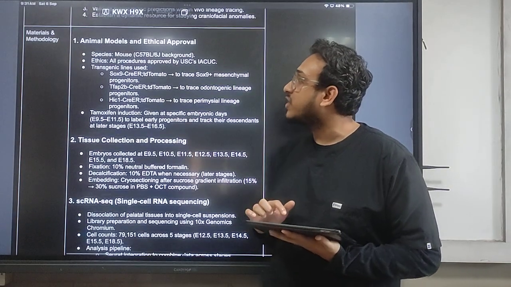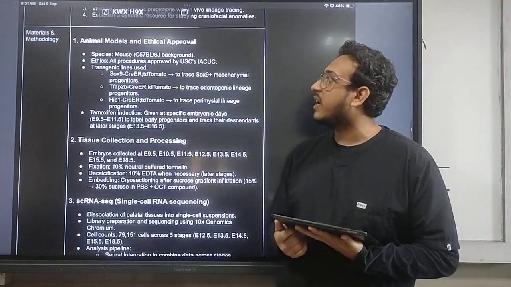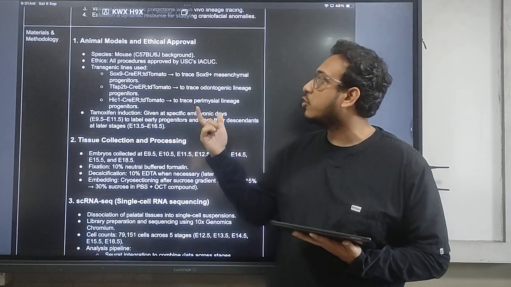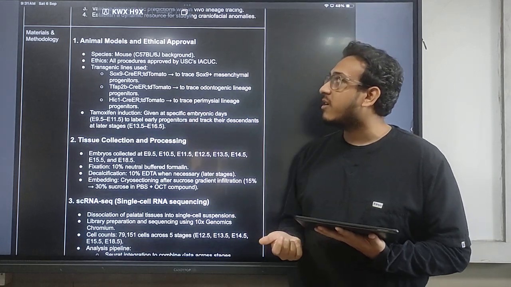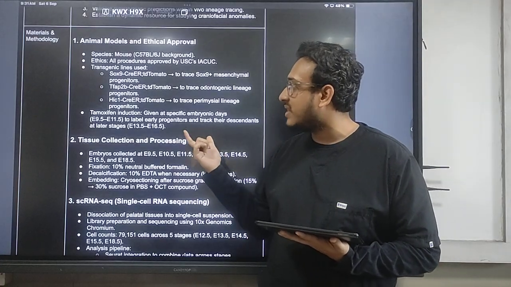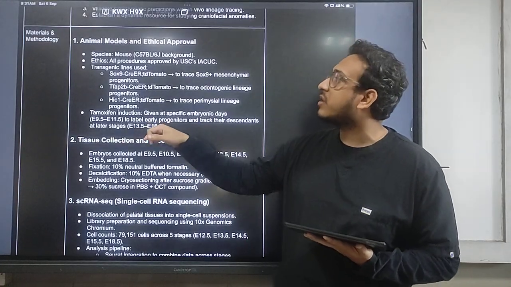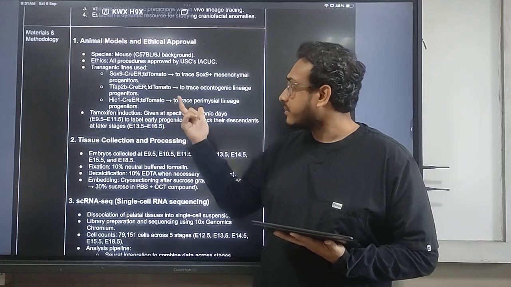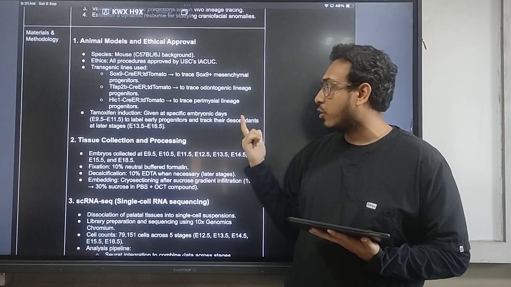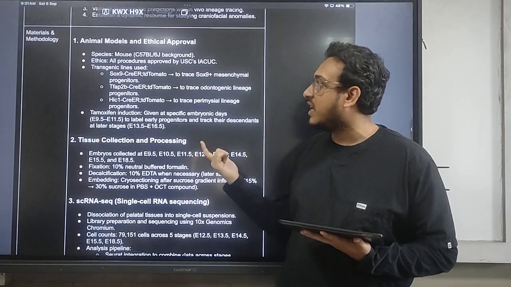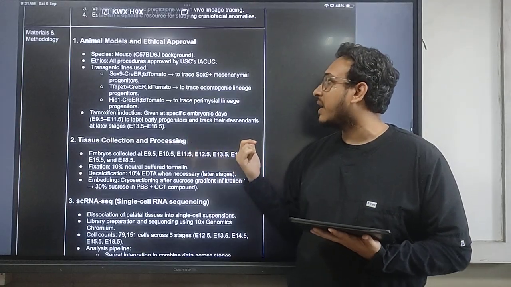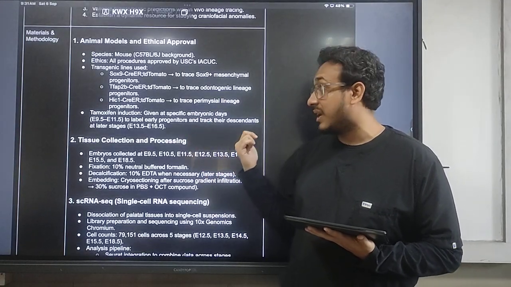So the methodology: it was an animal study, and they had the ethical approval. They used the mouse species C57BL/6J, and they used transgenic lines, that is SOX9, to trace SOX9 mesenchymal progenitors, to trace odontogenic lineage progenitors, and to trace perimysial lineage progenitors.